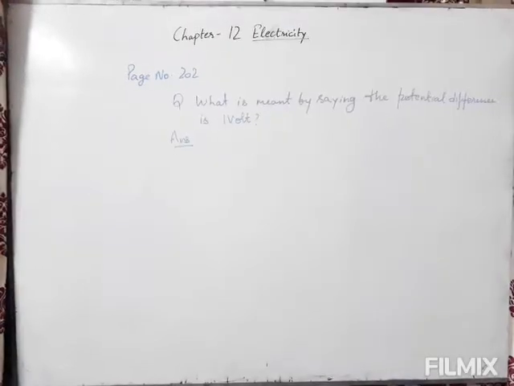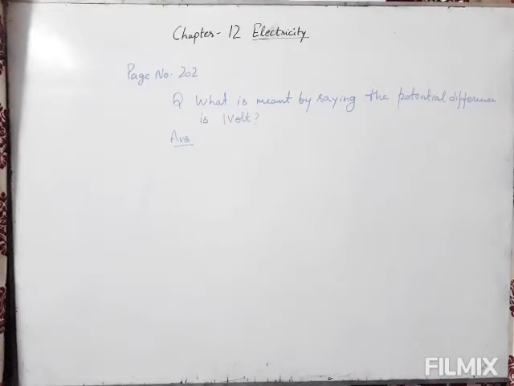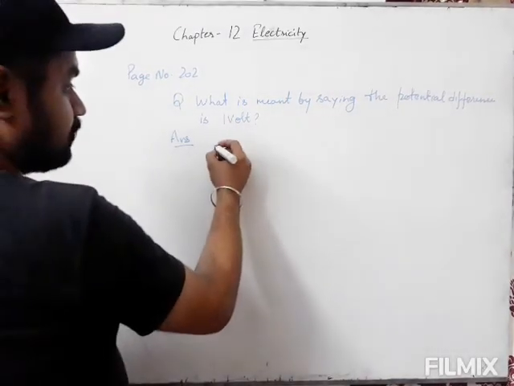Thank you. Now the next question is, what is meant by saying the potential difference is 1 volt? When could we say the potential difference is 1 volt? Basically potential difference is the difference between 2 points.